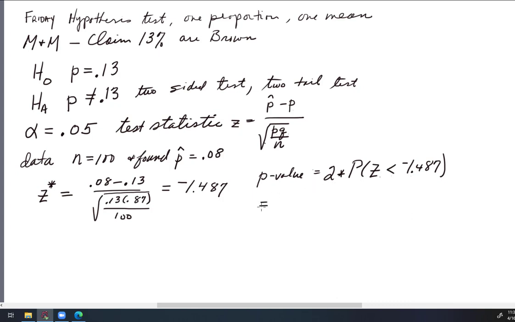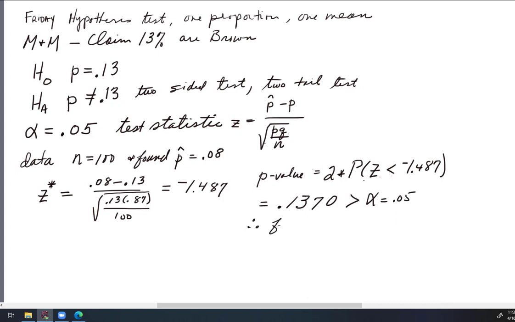I of course did this before class, and so I looked up the Z probability here with Minitab, or maybe I used my calculator, but it doesn't matter. The p-value is 0.1370. Now compare that to alpha. You see that the p-value is greater than alpha, which was equal to 0.05.